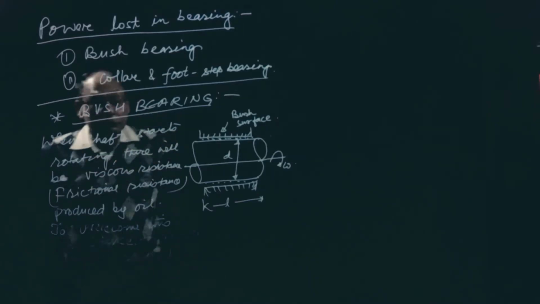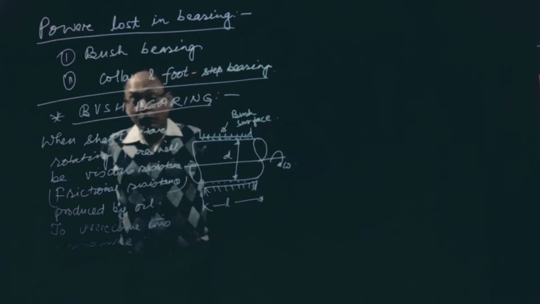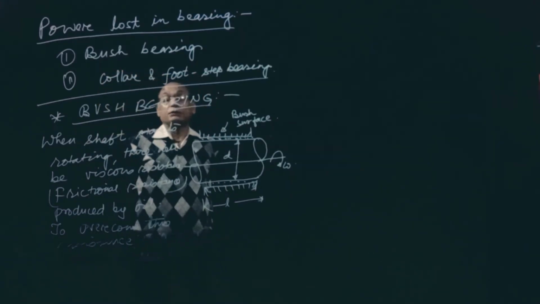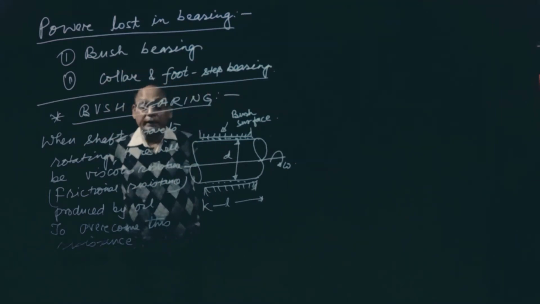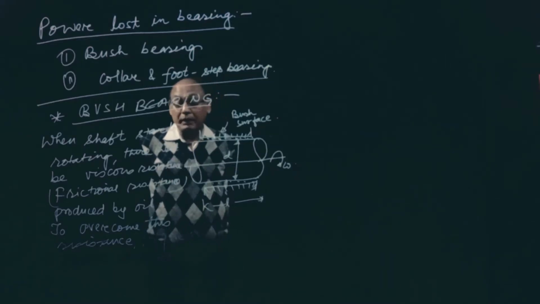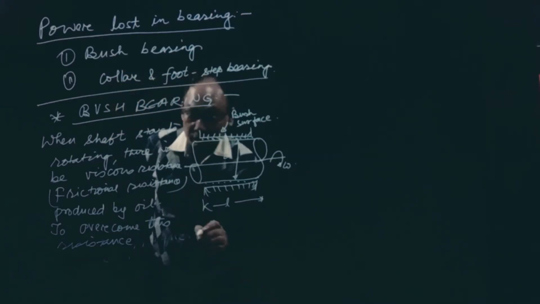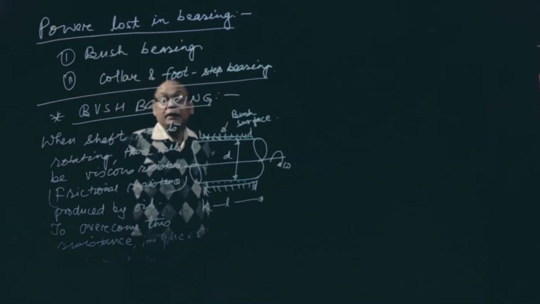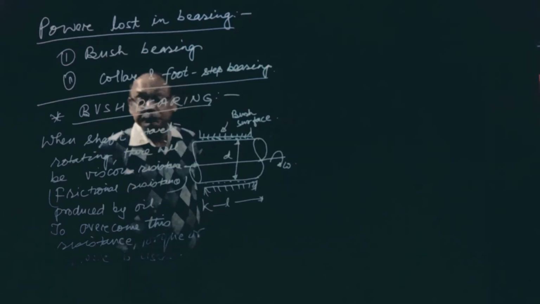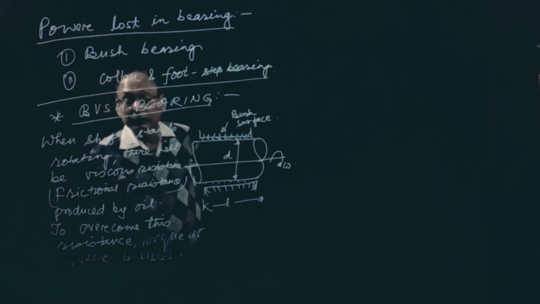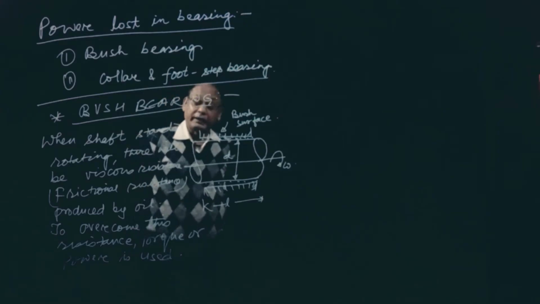That means we are going to find out the torque or power calculation. The frictional resistance will consume some energy, some power. So how much energy is going to be used by that fluid, we are going to calculate in this class.